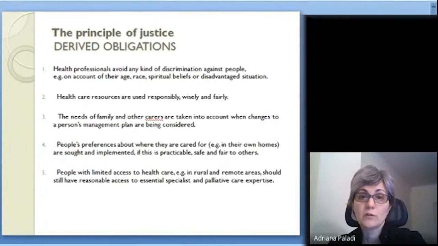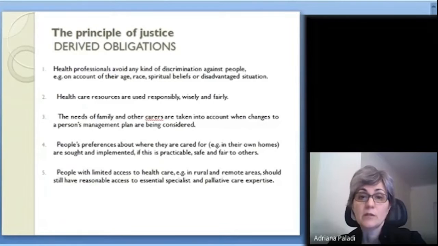Health professionals should avoid any kind of discrimination against people on account of their age, race, spiritual beliefs, or social situation. Healthcare resources should be used reasonably, wisely, and fairly. The needs of family and other carers are taken into account when changes to a person's management plan are being considered.